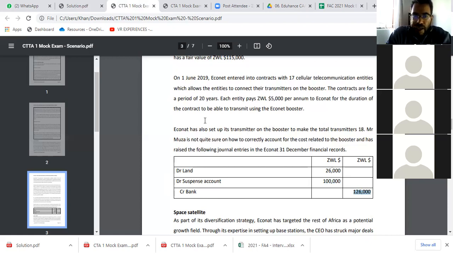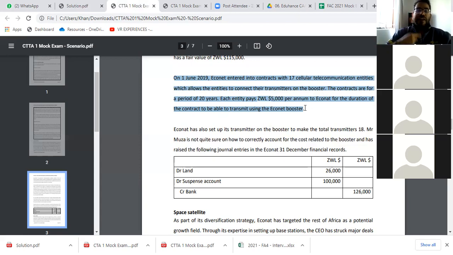So here you can see it is a fixed structure, and they are using this structure to earn rental income. Because they are earning rental income, you can see on 1 June 2019, eConnect entered into a contract with 17 telecommunication entities, which allows the entities to connect their transmitters on the booster. The contract is for 20 years, and each entity will pay $5,000 per annum.